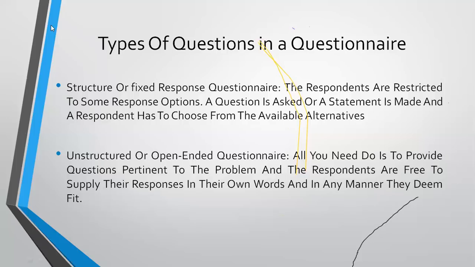Here, the respondents are restricted to some response options. A question is asked or a statement is made, and the respondent has to choose from the available alternatives. A fixed response questionnaire is usually used to get feedback on probably a product or a service.